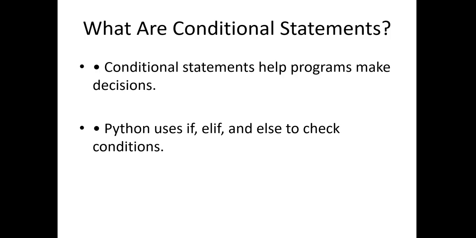Then I will explain elif. In elif, suppose you want to identify the percentage, like the CGPA. How will you identify O grade, A grade, B grade, C grade and D grade? Here there are five conditions. If the percentage is more than 90%, you consider it an O grade.